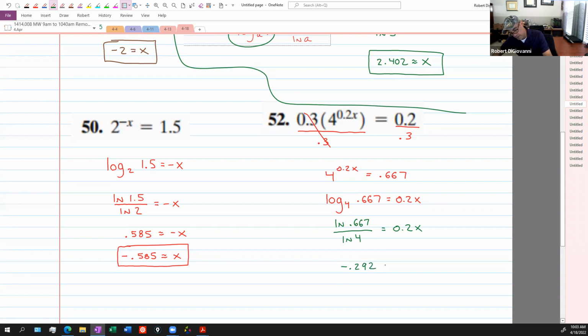Yeah, good enough. It's approximately, this became approximate as soon as we rounded that 0.666 forever. It should technically be approximate the whole time here. But let me take that number, negative 0.292, and divide it by 0.2. And I get negative 1.46 equals x. Questions on that?